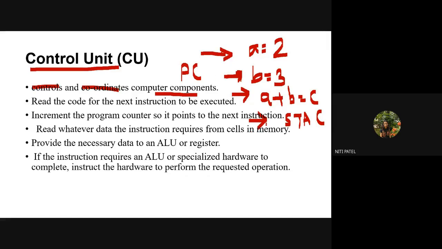So this will go on continuing until and unless I do not find an end return in the program. As soon as it comes to an end, it will ask to store the data and stop the execution. So what this line means: it reads the code. Which code? These are the codes for the next instruction to be executed.